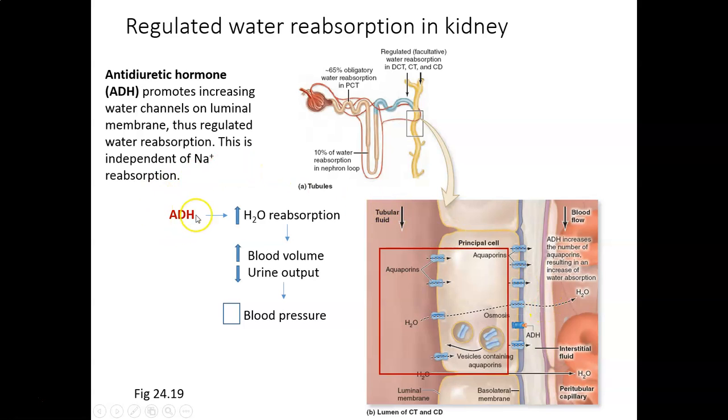So ADH only affects water reabsorption and has no effect on sodium. But the more water gets reabsorbed, it's still the same thing: you have an increase in blood volume and a decrease in urine output. Blood volume and urine output are always on opposite sides. If you have increased blood volume, you always have decreased urine output. That again results in an increase in blood pressure.